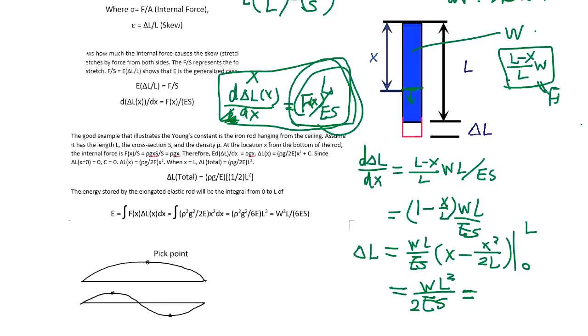Okay, we have some error here. This L is extra. We don't need this L, right? Because it's a ratio per length. That's the ratio. We're talking about the ratio. The per length dx, the strain is this much.